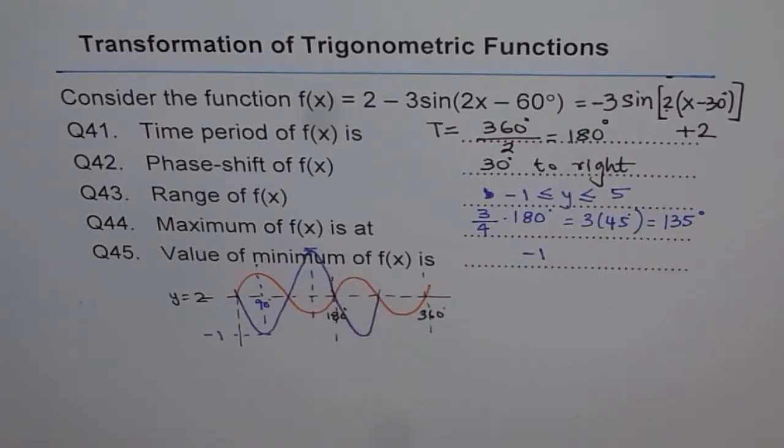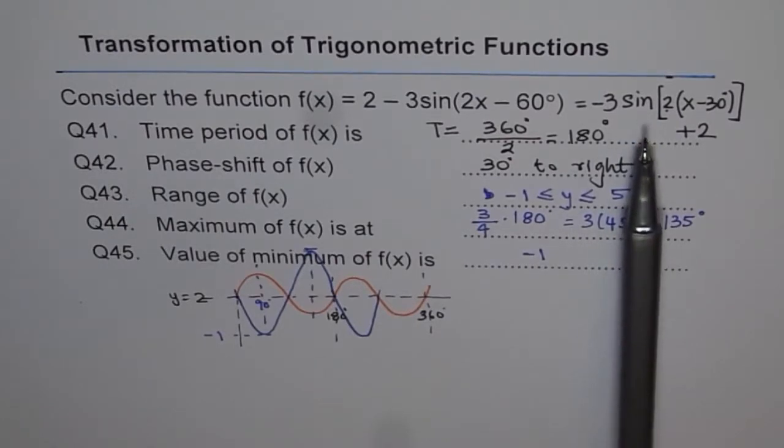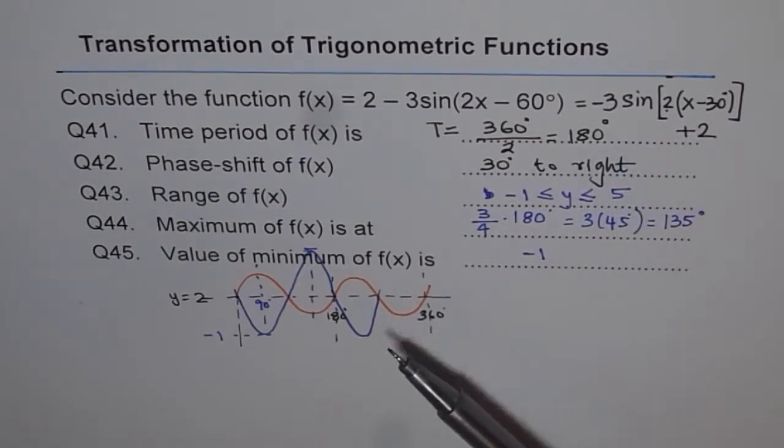So you have to be very careful when doing transformation of this kind of function. First and foremost, rewrite your equation in standard form. Second, sketch it. And then answer your questions, correct? That way you will ensure correct answers. Thank you and all the best.